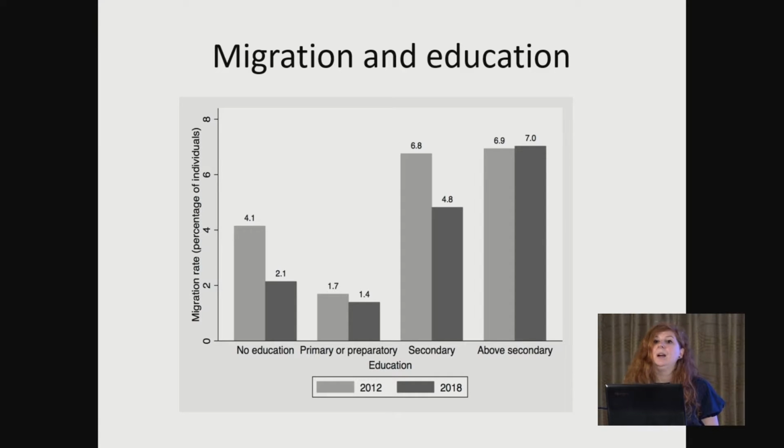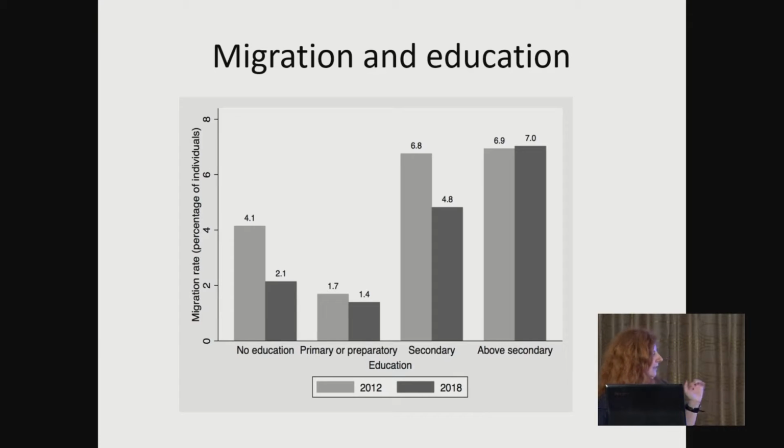Now, of course, we know that generally higher educated people tend to migrate more. This has not always been the case depending on the countries. So when we look at Egypt, we are trying to see whether this decrease, we can also link it to education. So maybe migration did decrease, but not for all education levels.